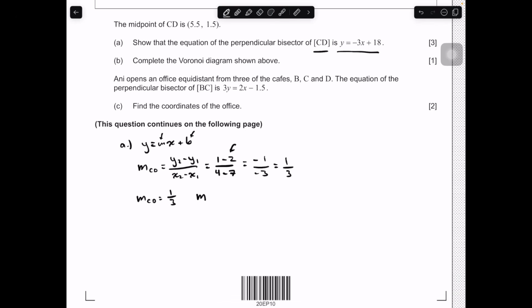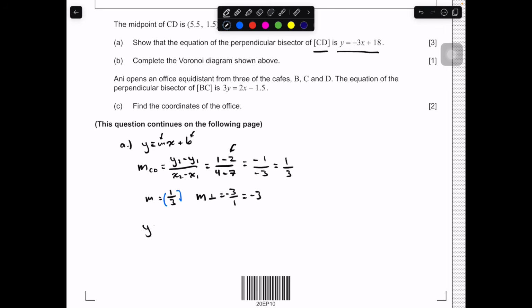So let me simplify this a little. We have some m, and it's equal to 1/3. M perpendicular is just going to be the top and the bottom rearranged, 3 over 1, and then multiplied by a negative. And so our perpendicular line has a slope of negative 3.